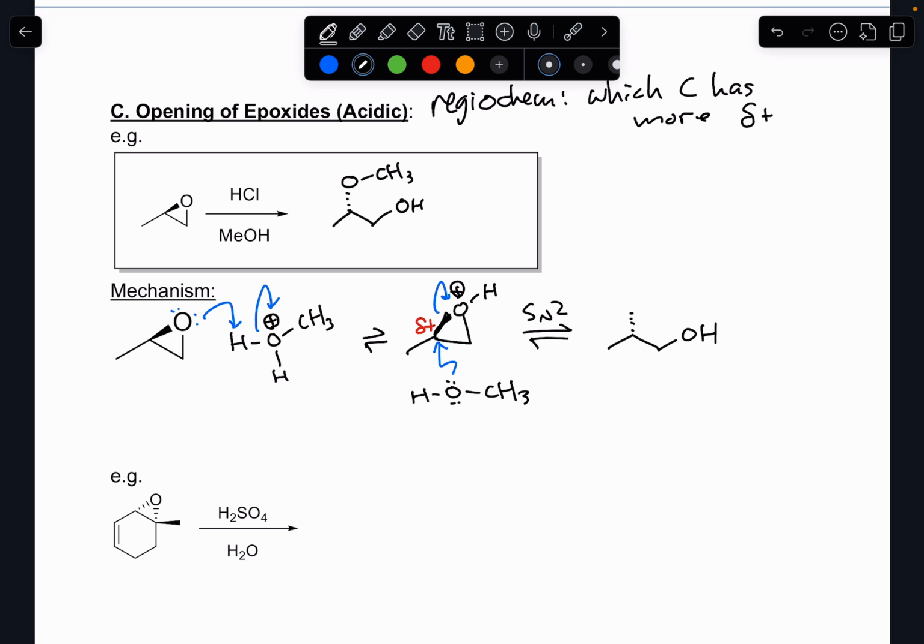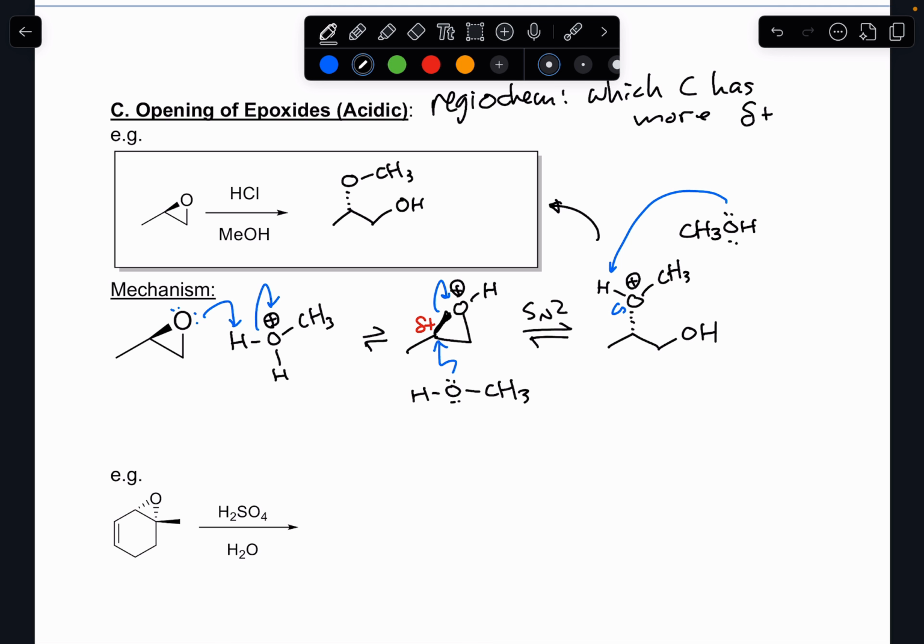So this methanol would have attacked from the backside. So I'm showing that here, and we could have the solvent pick up that extra proton to become the product.